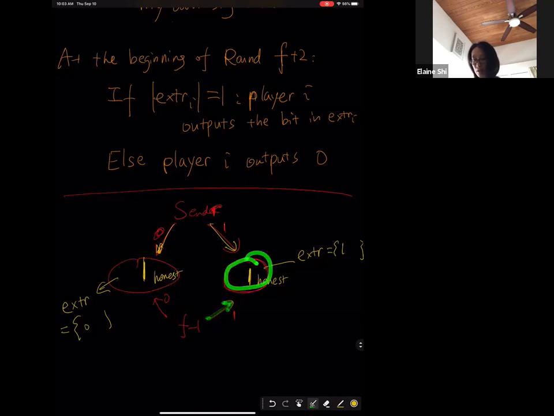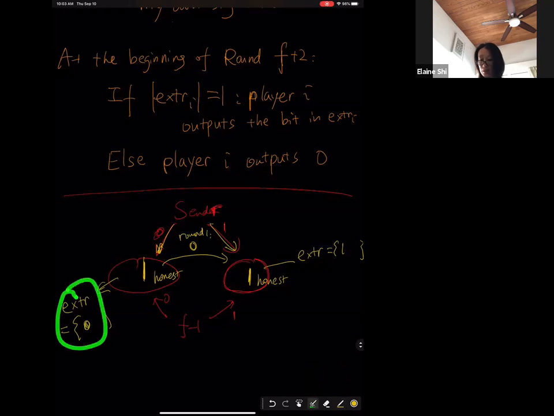So now, in some sense, in round f, but this person will also send 0, right? Like in round 1, when it adds 0 to its own extracted set, it will announce this to everyone else, hoping everyone else will be doing the same. And so is this direction.